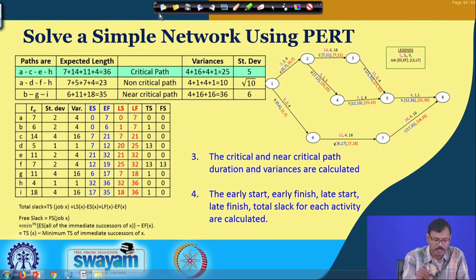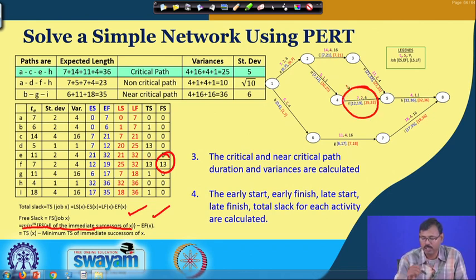Free slack, basically, is the minimum of the early start times of all the immediate successors of job x minus the early finish time of job x. It is only associated with the f job, so that is why free slack is available with the f job only, and it is equal to the total slack.